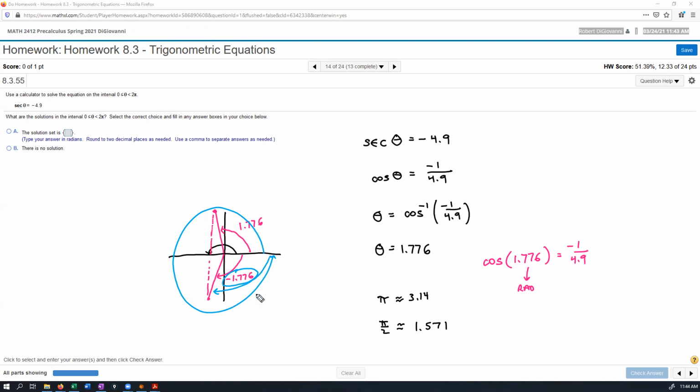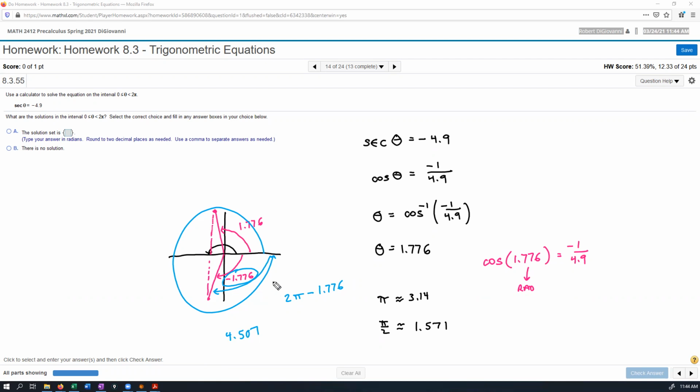If we went all the way around, that would be 2 pi, and then we subtract 1.776. So I'll do that on my calculator: 2 pi minus 1.776. I get about 4.507.